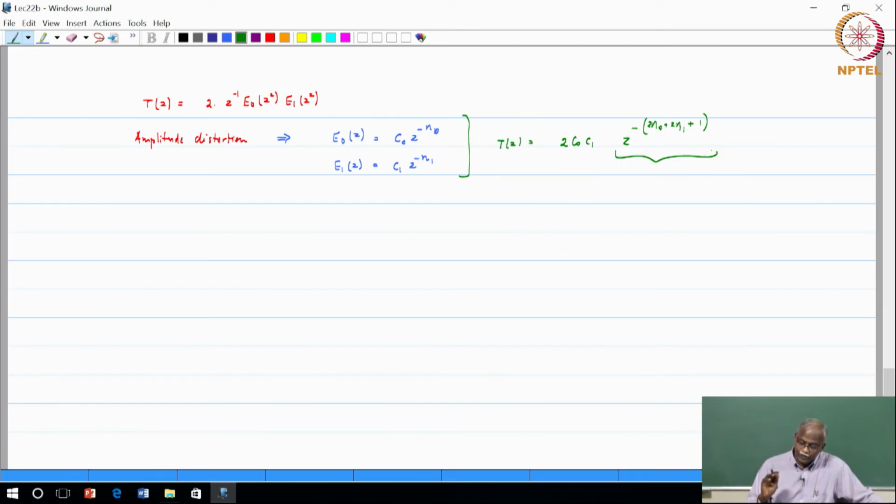Now, that is very good for removing the magnitude distortion, but if I now go back and look at my h naught of z, it is C naught z power minus 2 n naught plus C1 z power minus 2 n1 plus 1.